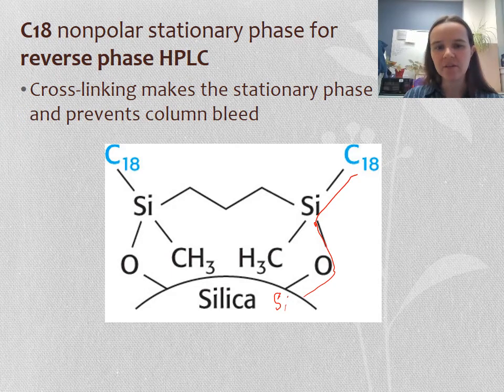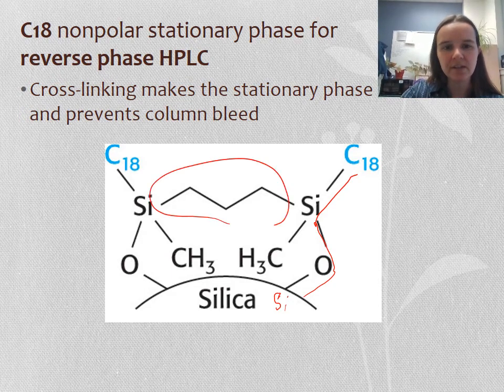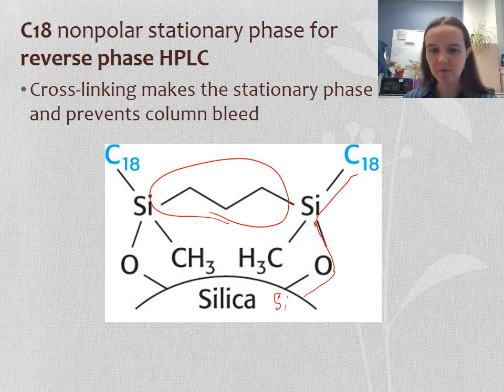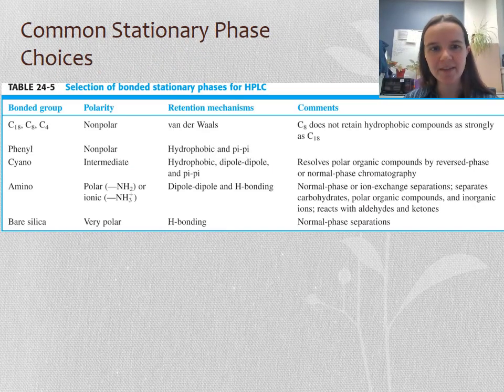And like I mentioned, the double bonding to that stationary phase helps. You can also cross-link, and so you can add that cross-linker there to stabilize your stationary phase and prevent column bleed. Column bleed being the loss of the C18 over time. The stationary phase basically dissolves in your mobile phase and goes away, which sucks for you.